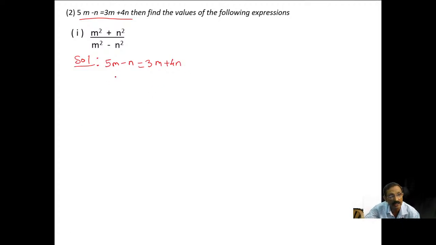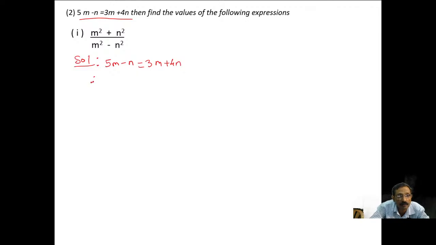Now what can be done to this so that I can get the ratio m is to n. When I get this ratio m upon n, then I can use componendo, dividendo, alternando relations. So what is given to me is 5m minus n is equal to 3m plus 4n. So let us bring this 3m to this side.